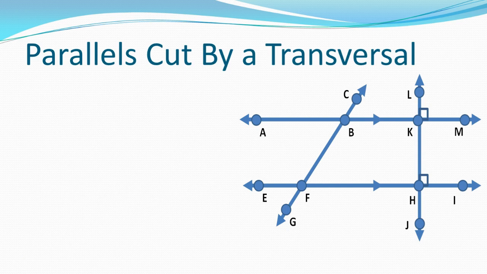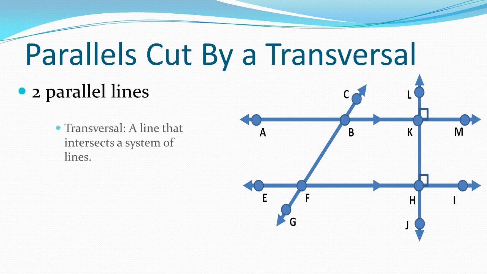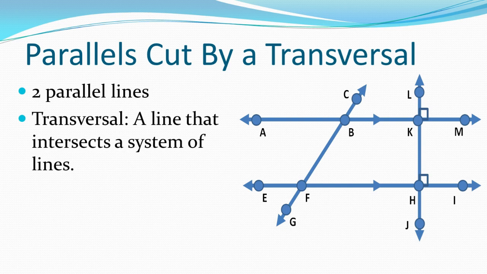In this example, we have two parallel lines. Line AM and line EI are parallel. We know that because they're marked with those arrows in the middle. So we have two parallel lines. This means that they do not cross. They're like train tracks. The transversal in this case is any line that intersects a system of lines.